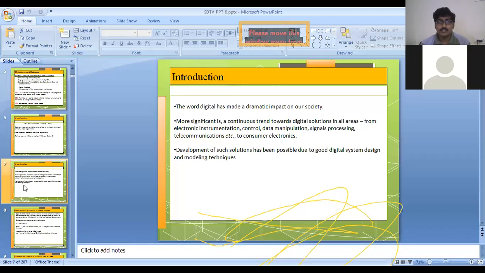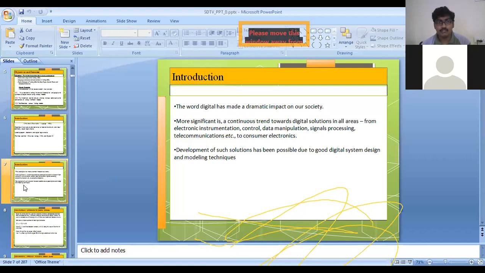First, electronic instrumentation. We have different types of instruments in heavy industries, and now at present they are also being controlled with the help of electronic chips or electronic gadgets.